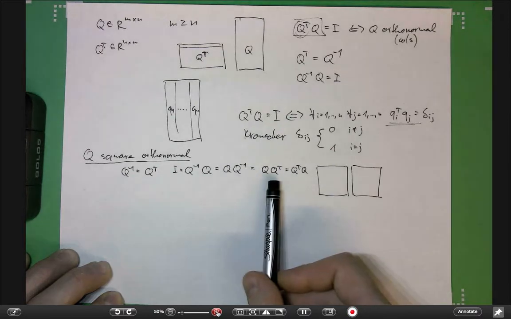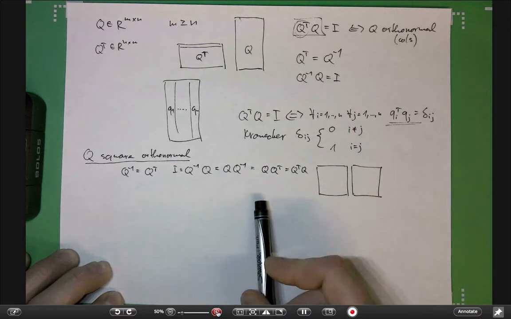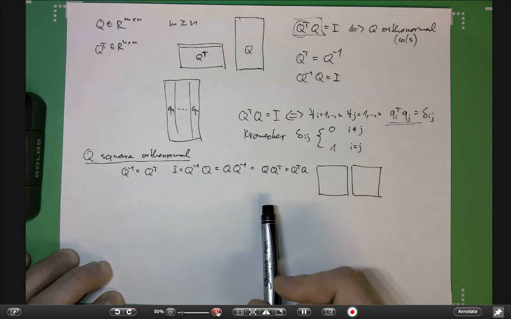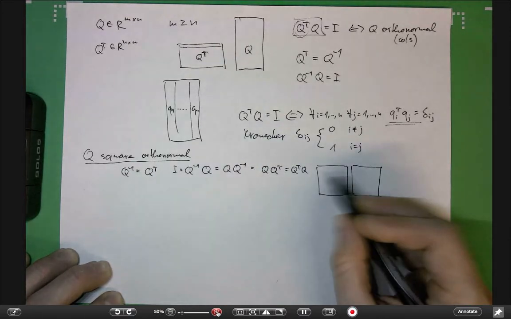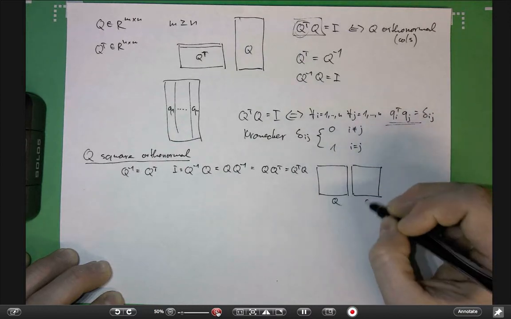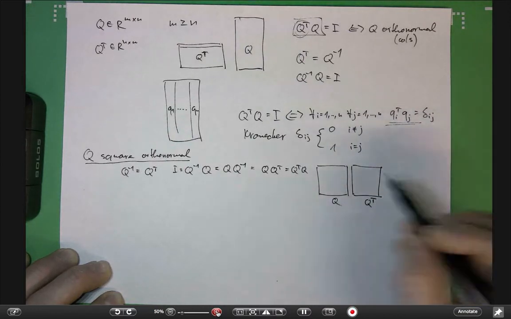So the QQT is exactly the same idea, but are you paying attention? But on what? On rows as opposed to columns. If you think about it, if this is my Q, this is my QT, then what does it mean?